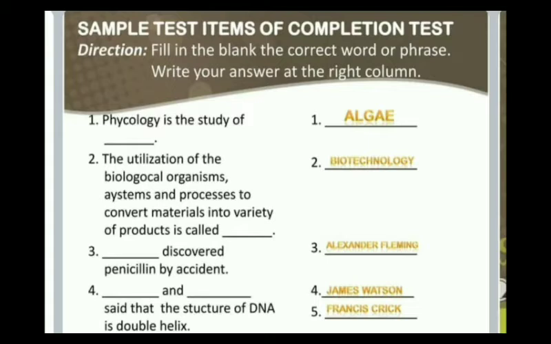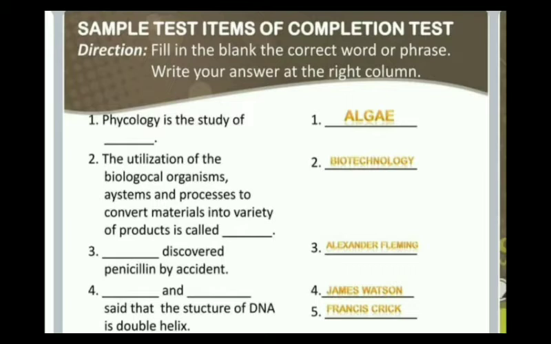First is, psychology is the study of blank. Second is, the utilization of biological organisms, systems, and processes to convert material into a variety of products is called blank. Third is, blank discovered penicillin by accident.